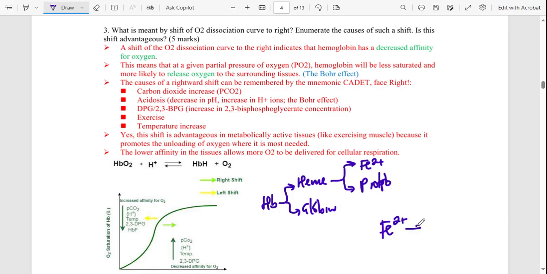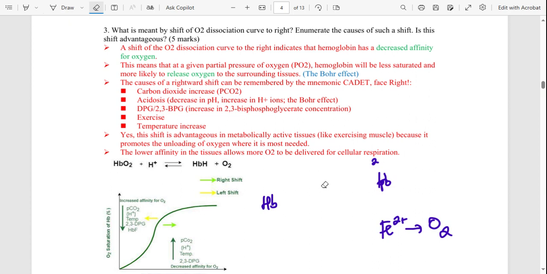Iron is able to bind oxygen, and it will be able to bind 4 molecules of oxygen. So that's what happens. Right? It can bind 4 molecules of oxygen. Now, it's actually the iron in hemoglobin that binds to oxygen. But forget about that now, since we already know. So I'm just going to be using HB.